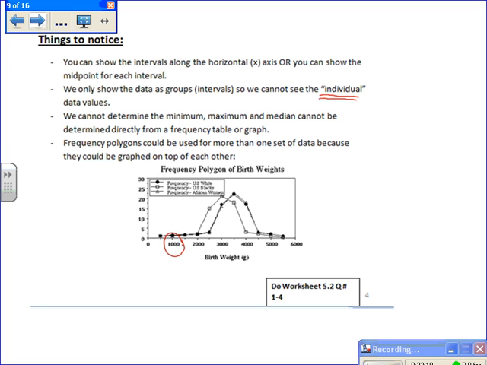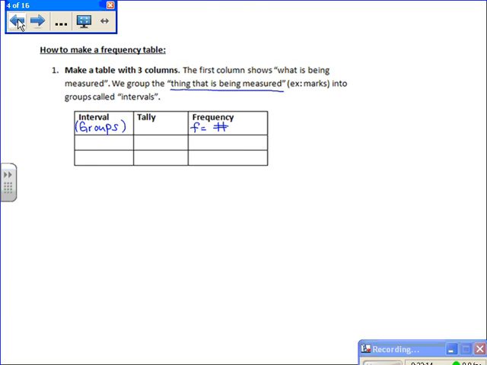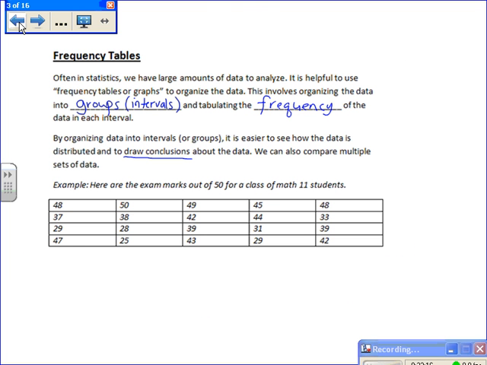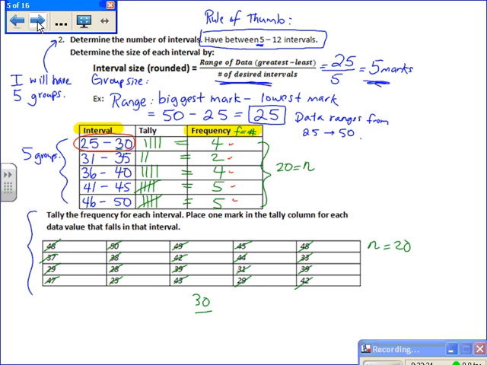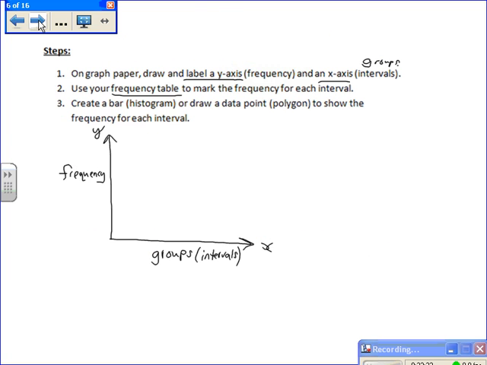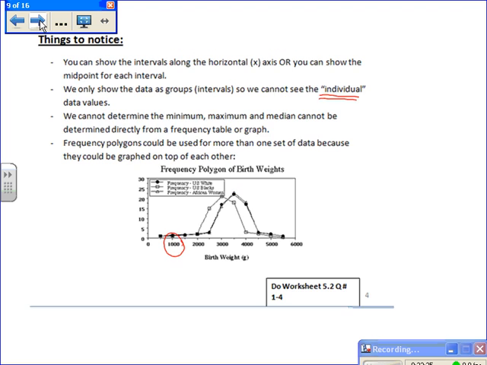Going back to our example with the marks from math, when I look at my graph, I can't actually see these individual values. All I can see is the number of times they fell within a range, and that is important to recognize.